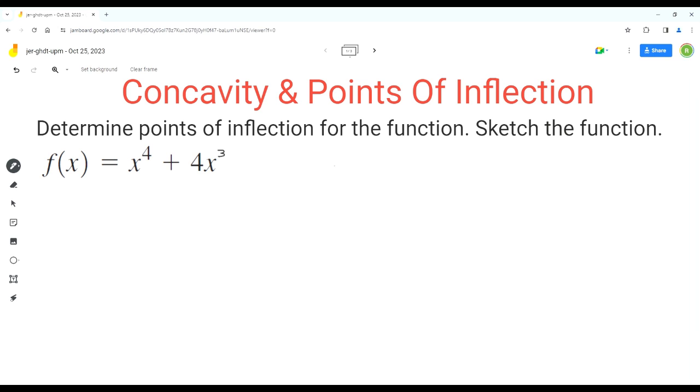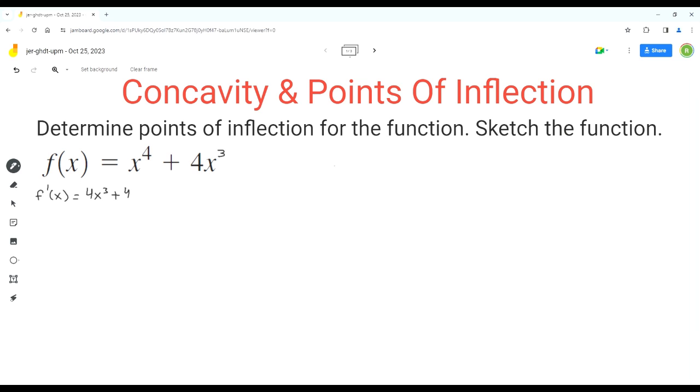f prime of x equals, so for the first term x to the power 4, we can use the power rule. So the derivative will be 4x cubed. For the second term, the 4 is the coefficient, so it will stay as it is.